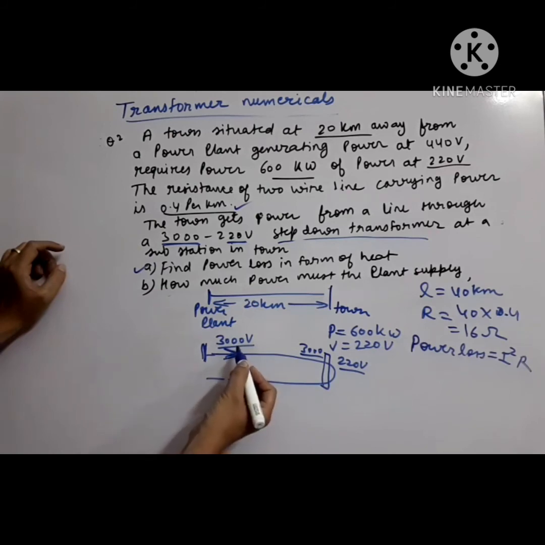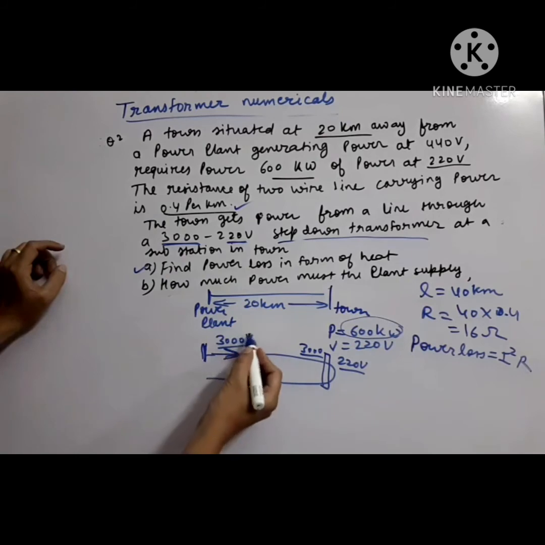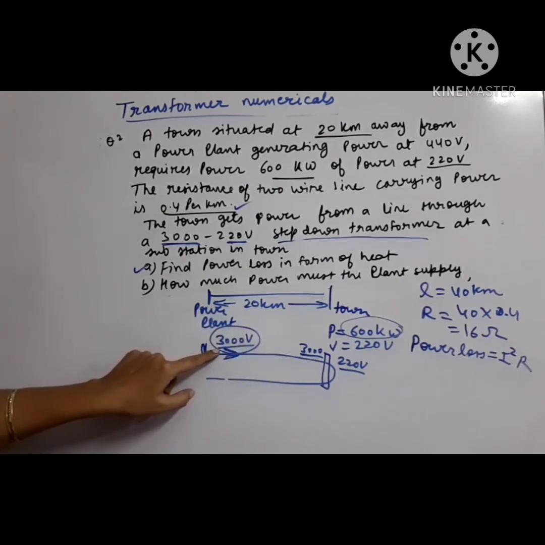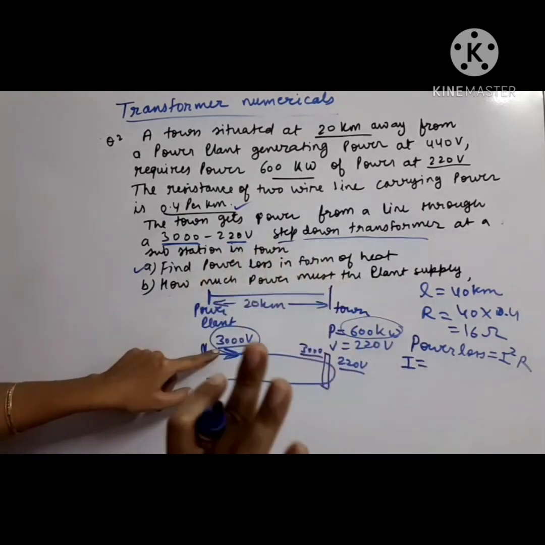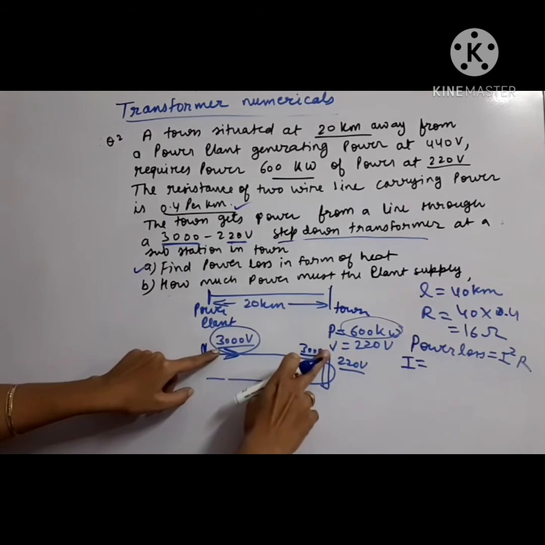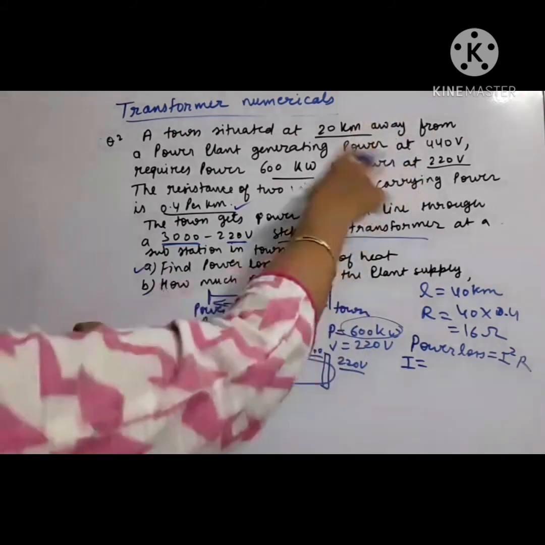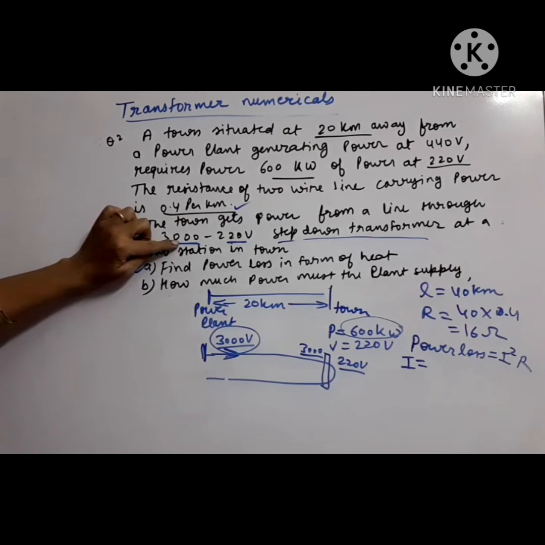Since the power is given, we have to use the voltage at which the electricity was transmitted. So how to calculate the current? Only this point you have to remember. Don't take the P and V combination directly. Power is this, but voltage is not 220. Here two voltages are going on, 220 volt and 3000 volt.